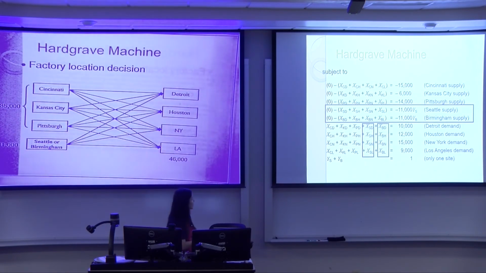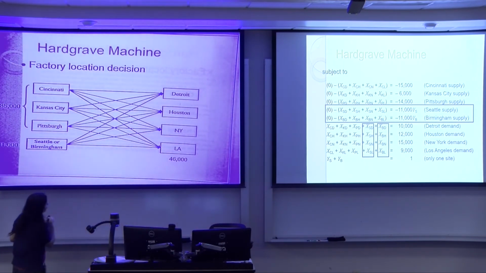Inflow is equal to 0, right? And what is outflow? All of these, XCD, CH, CN, and CL, right? That's what we have minus the total of this outflow. Where did I get this? Negative 15,000.